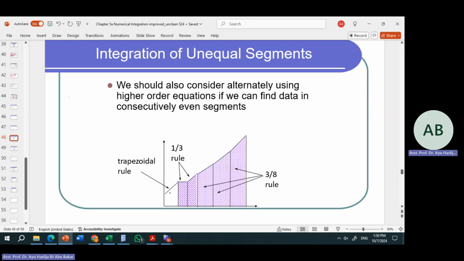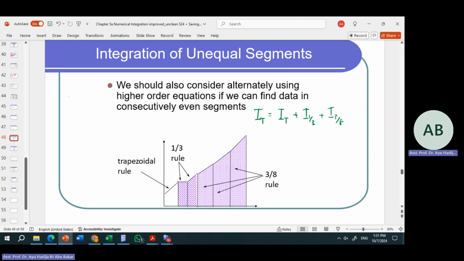In this example, it used trapezoid rule for the first segment. Second and third segment, it used 1/3. Then the rest of the segments, it used 3/8. So here, total integration is the summation of integration using trapezoid plus integration using 1/3 plus integration using 3/8.